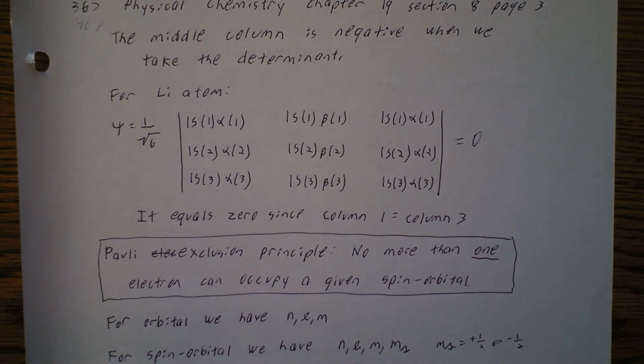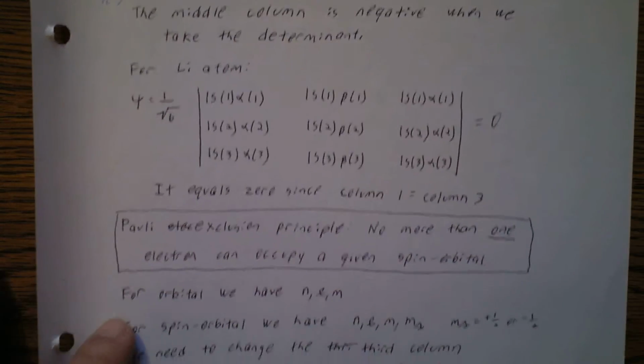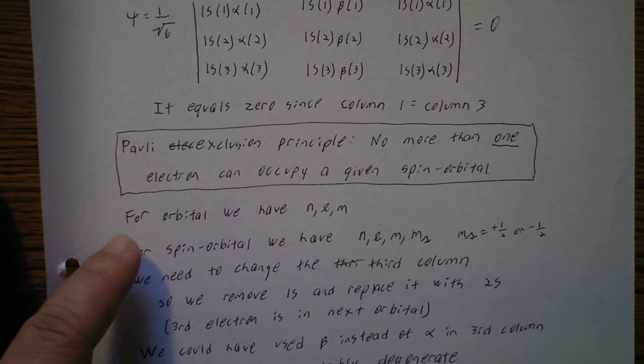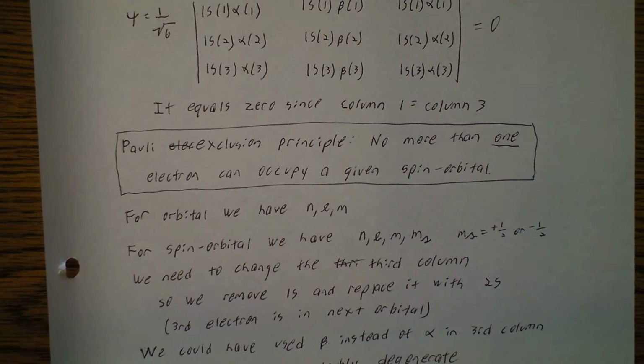Now the Pauli exclusion principle says no more than 1 electron can occupy a given spin orbital. Now for an orbital, we have n, l, and m l as quantum numbers. For spin orbital, we have n, l, m l, and m s. Remember, m s is plus or minus 1/2.